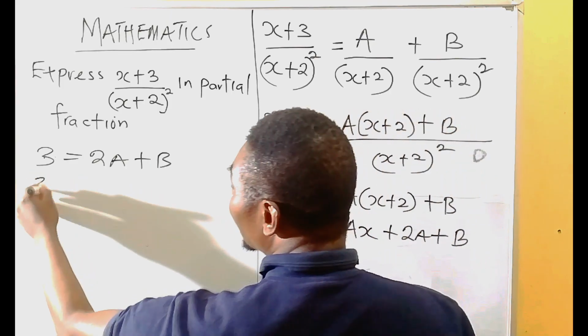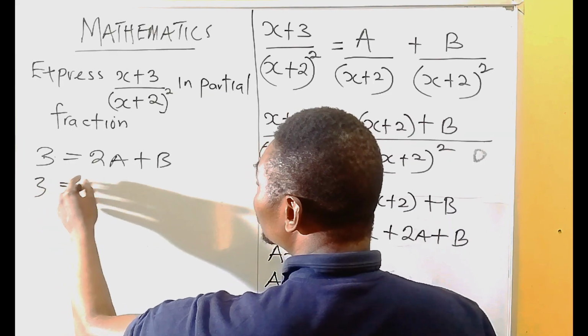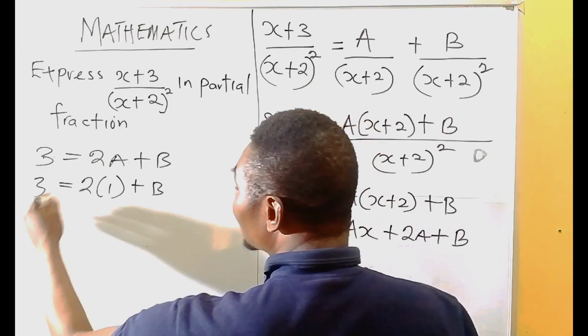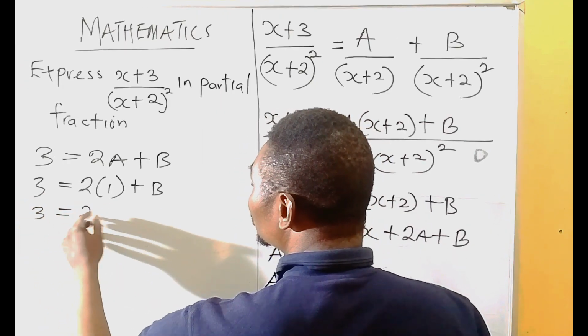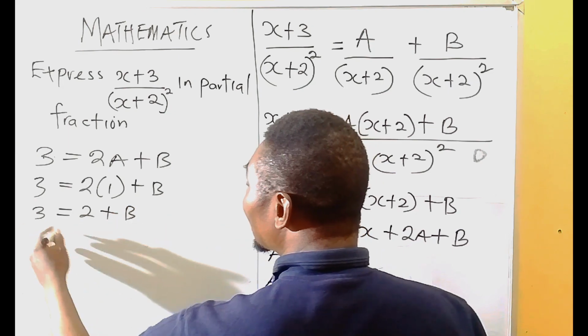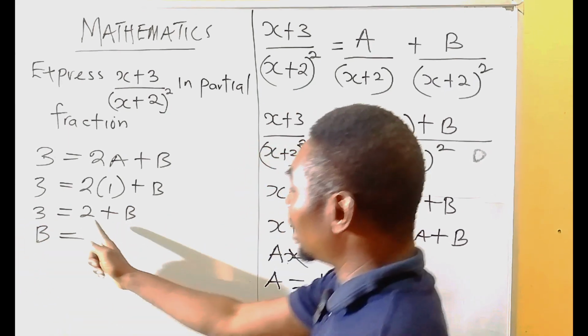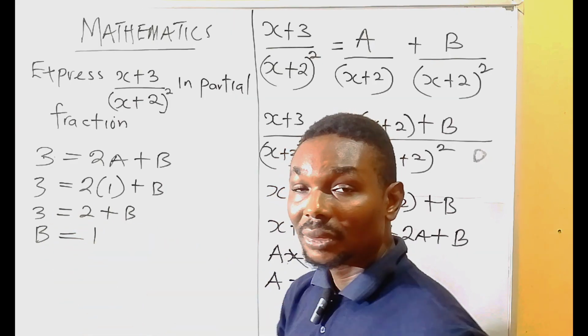So we now have 3 is equal to 2 into 1 plus B. Therefore, we have 3 is equal to 2 plus B. So collecting like terms, B is equal to 3 minus 2, which is 1.